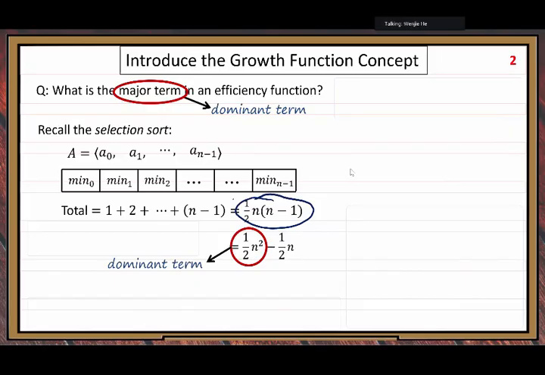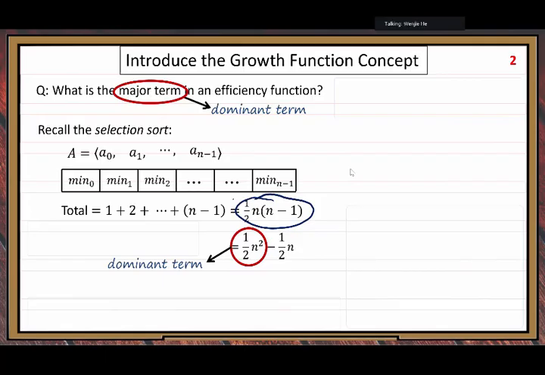So this constant part is less important than the variable part. When we do the characterization, remember our goal, we want to define our category containing the critical part. This constant part is not that critical.